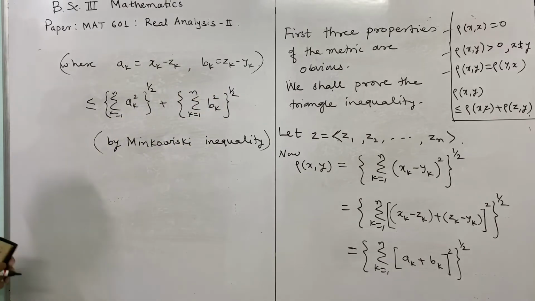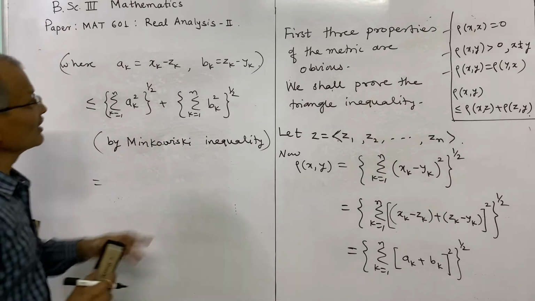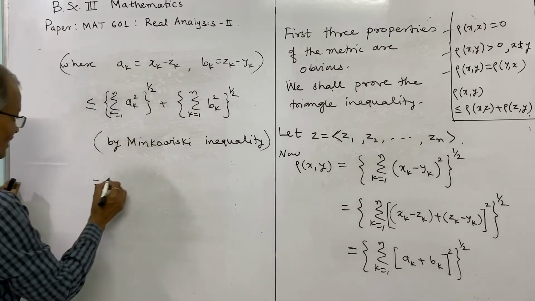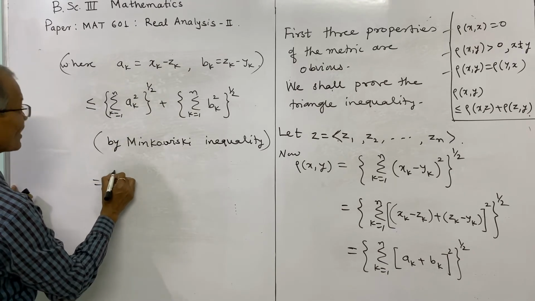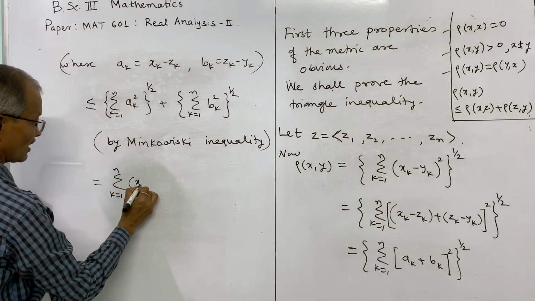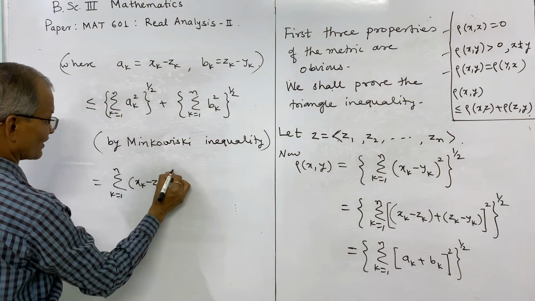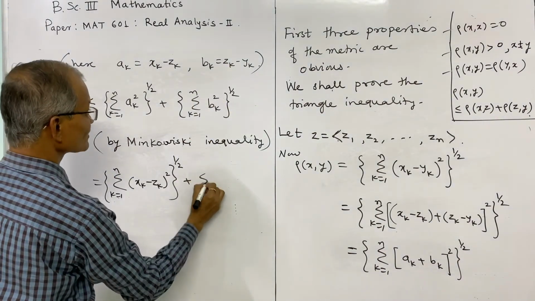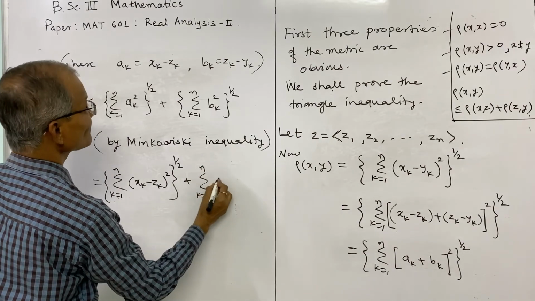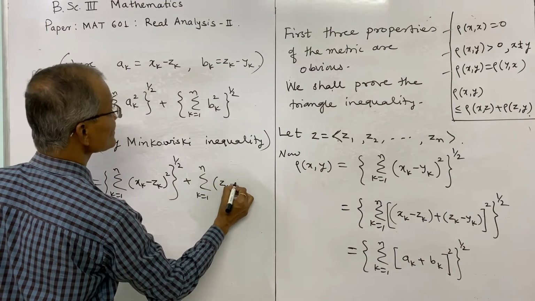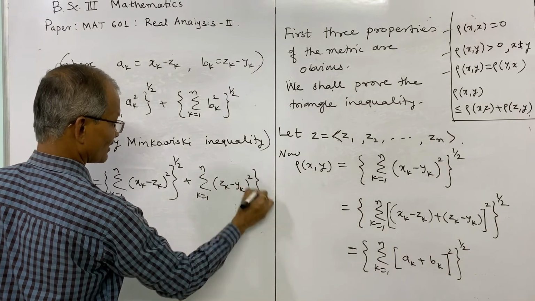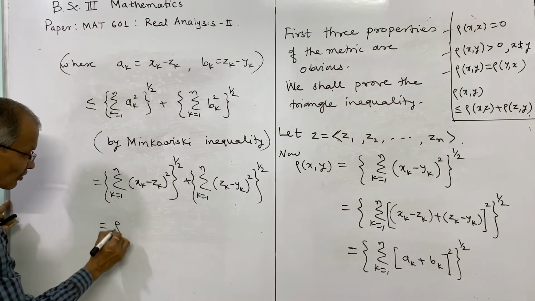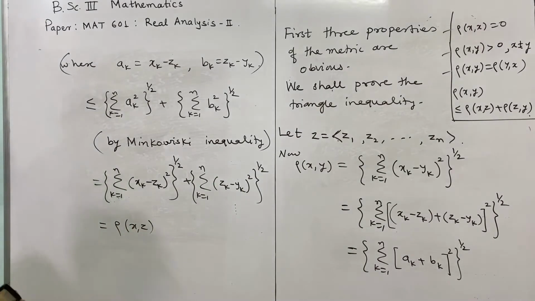But what is this? Ak is xk minus zk, and therefore this will be summation k takes value 1 to n, xk minus zk whole square raised to half, plus bk is this value, summation k takes value 1 to n, zk minus yk square, and again raised to half, and this is exactly rho of x and z by definition.